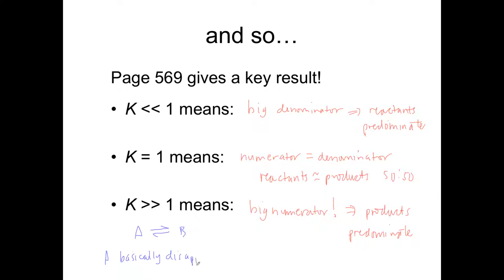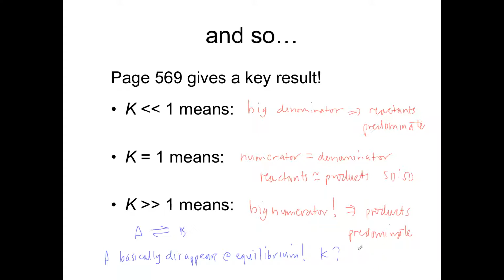Like there's no A here, okay, at equilibrium. What is K? A basically disappears at equilibrium. In other words, it almost entirely goes to B. What is K?